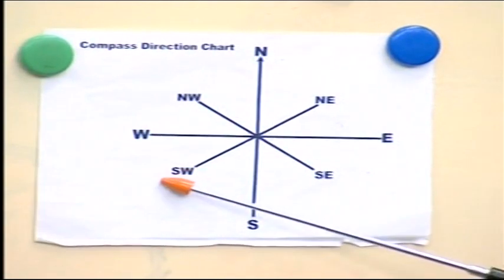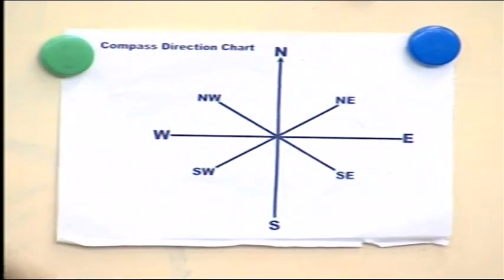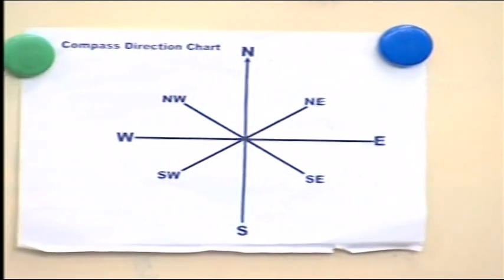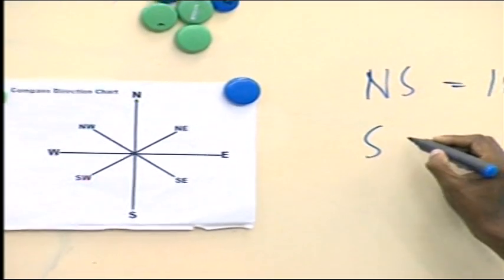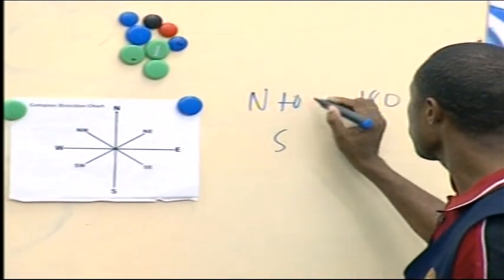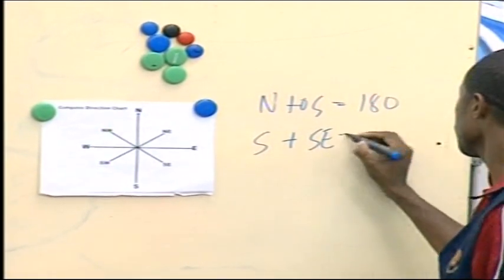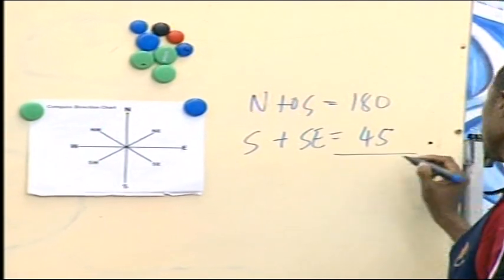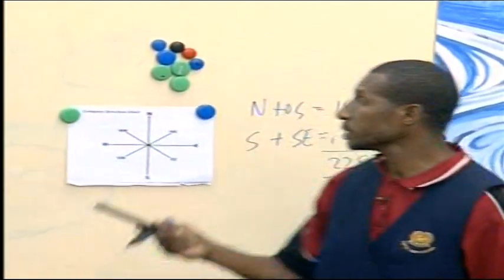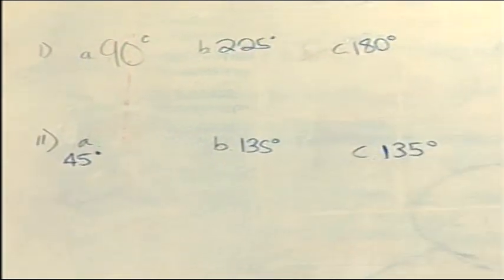Now from south to southwest, how many degrees is that? 45. So we have our answer there, which is 225 degrees. Okay, this answer is correct.